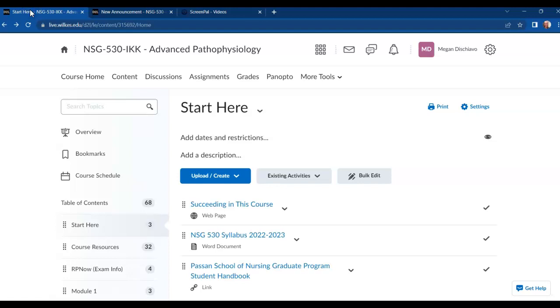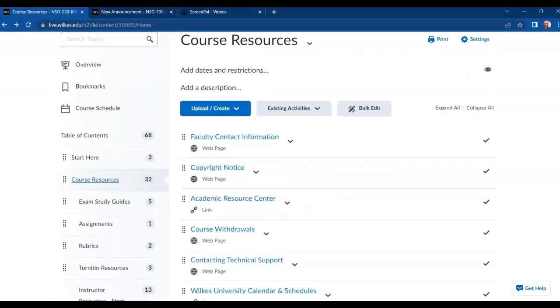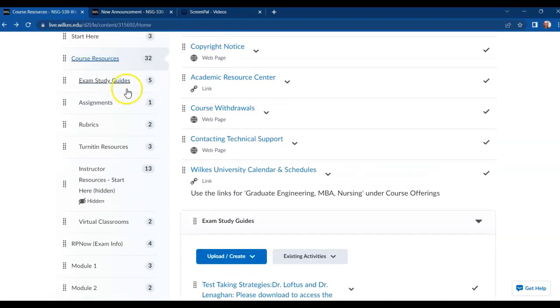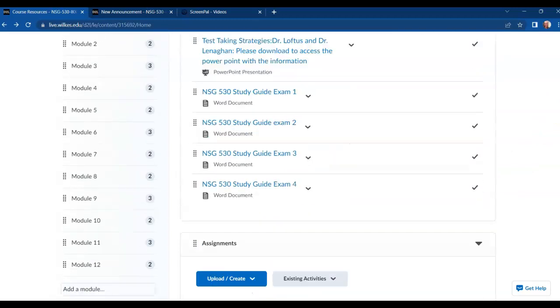So I just wanted to point that out. You can find those study guides under course resources as well. If you like, you can come down here and see exam study guides. Remember for your exam to use RP now, just like you have previously, and you should be good to go.